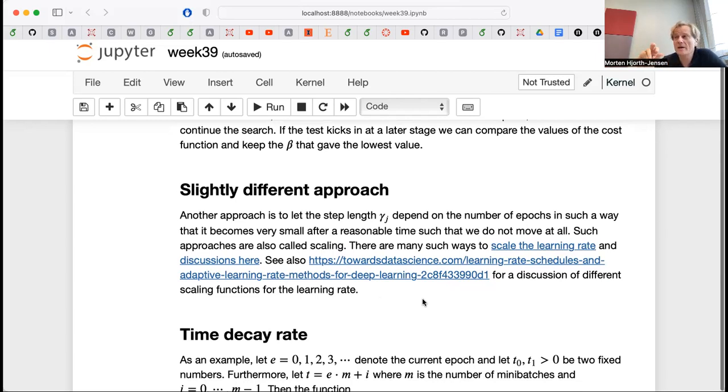And this becomes a new set of parameters or functionalities which you will have to test when you are running your machine learning algorithms. And in project number 2, this is one of the things which we are going to play a little bit around with. What is the best scheduler for making changes to the learning rate?